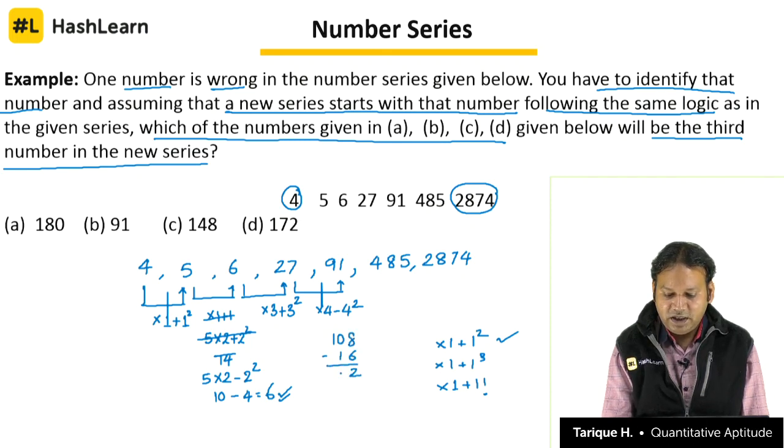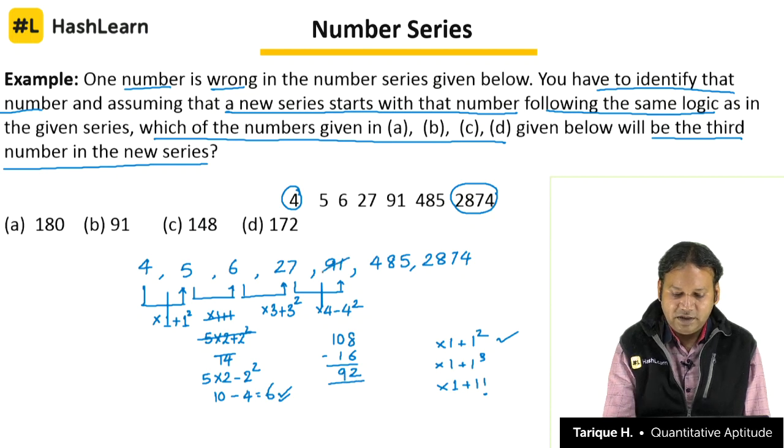So what should be here? 92, not 91. What number should come here? 92. Correct, that is the answer for this question.